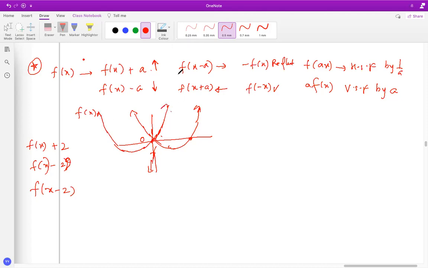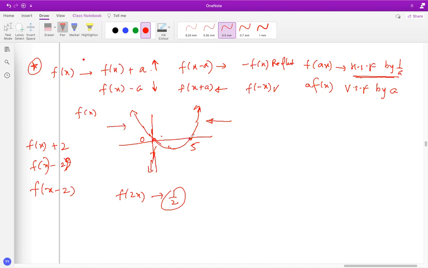Now, most important is that what is expected at the higher level is that you should be able to translate these in the form of language. I'll come to that part a little later, but just quickly talking about horizontal stretch factors. If you're drawing the graph f of 2x, it means that you stretch the graph horizontally by 1/2. So you basically compress the graph by a factor of half.